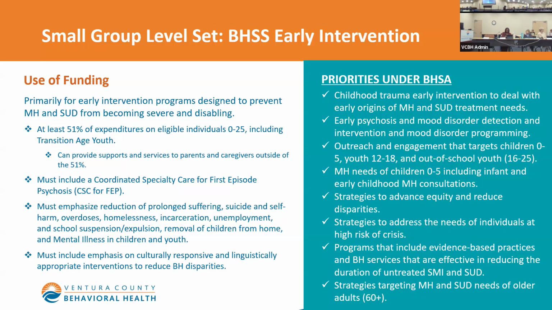There's priority here for intervening with youth, which is defined by the state as 25 and younger. So youth goes into young adults, and it includes the transition age: those are youth that were in the foster care system and are now above 18, but still in a vulnerable position.